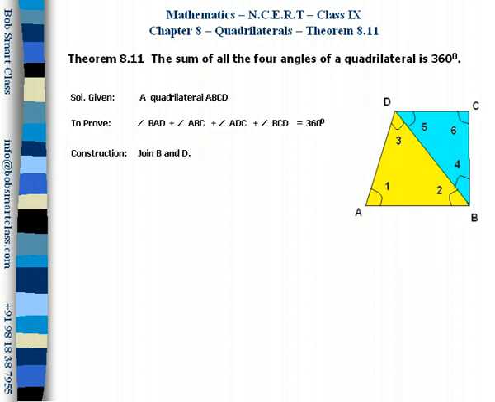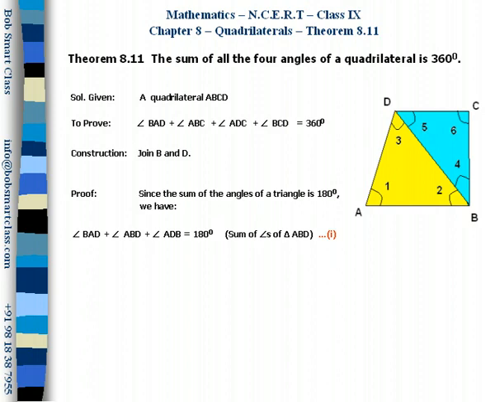Now let's try to prove it. Since the sum of the angles of a triangle is 180 degrees, we have angle BAD plus angle ABD plus angle ADB equals 180 degrees. In other words, angle 1 plus angle 2 plus angle 3 equals 180 degrees in triangle ABD.